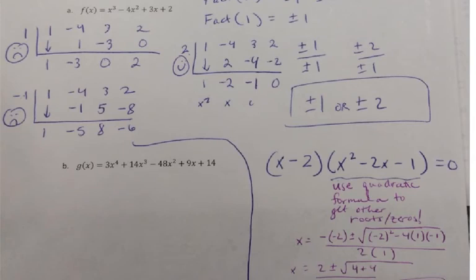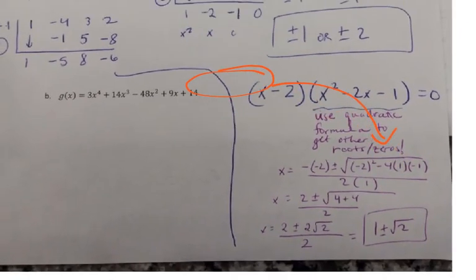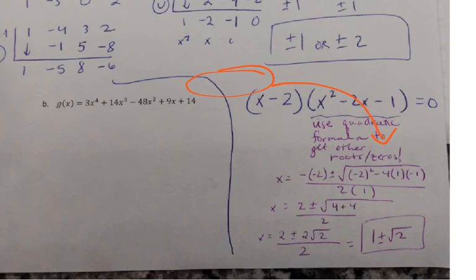But we talked about how once you find a zero, you can rewrite the polynomial broken down by taking out that zero factor, and then using synthetic division to find the remaining factor. Then we use the quadratic formula or other methods like factoring to find the other roots or zeros of the polynomial.